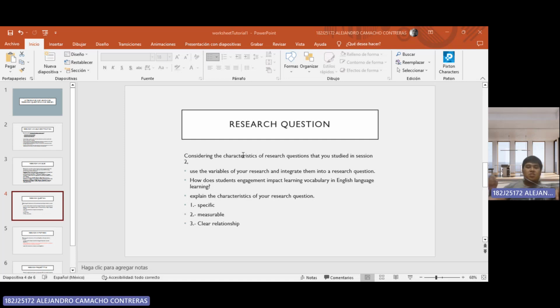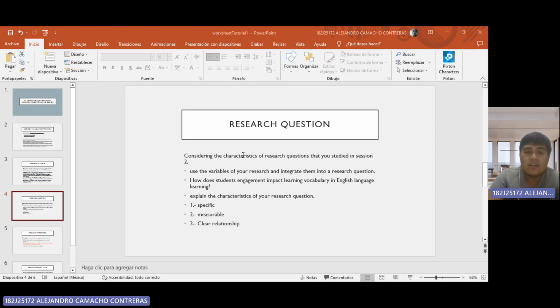my question has some characteristics. The first one is that it is specific because it focuses on the relationship between learning vocabulary and student engagement. The second one is measurable, because the research question can be measured quantitatively, and it allows for the collection of data on both learning vocabulary and student engagement.